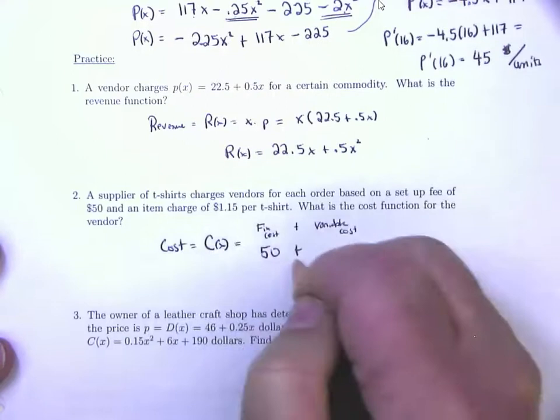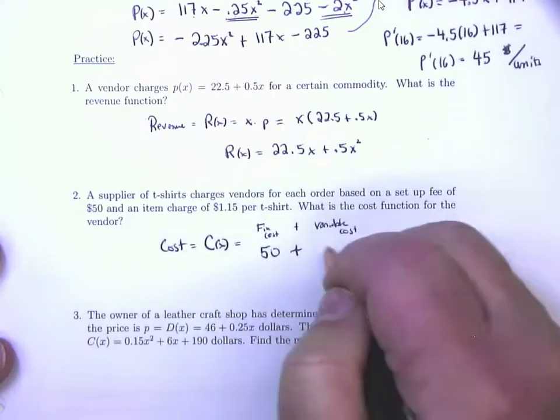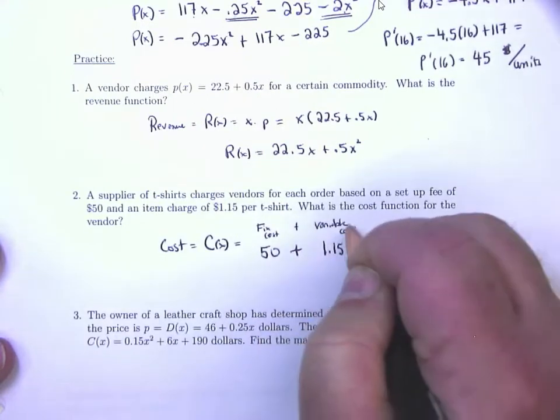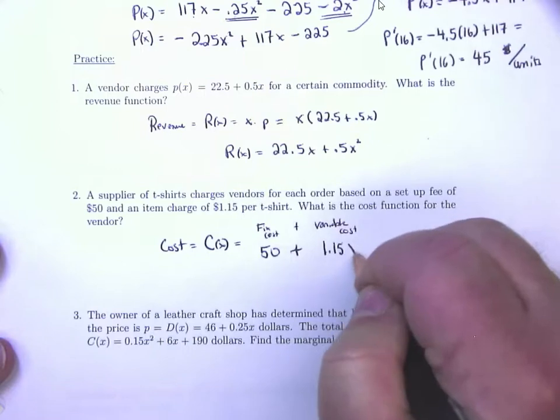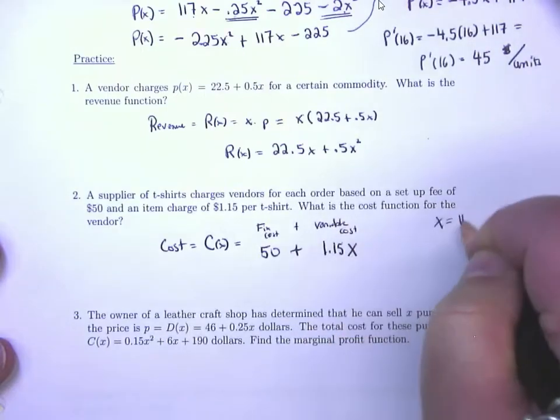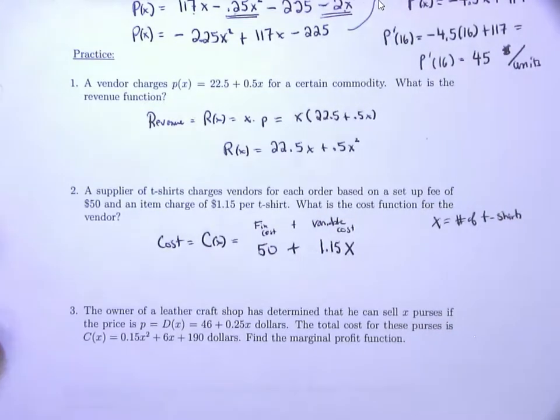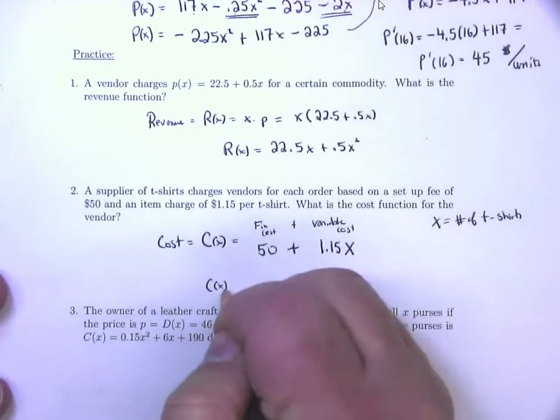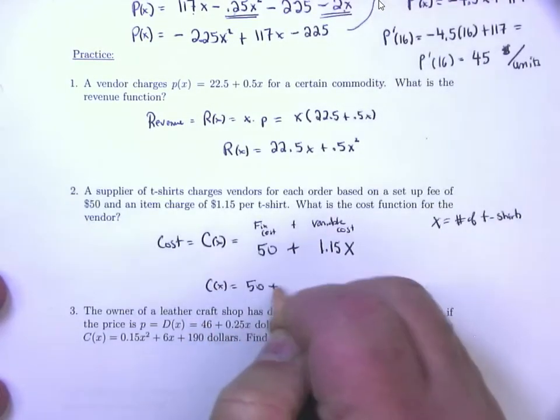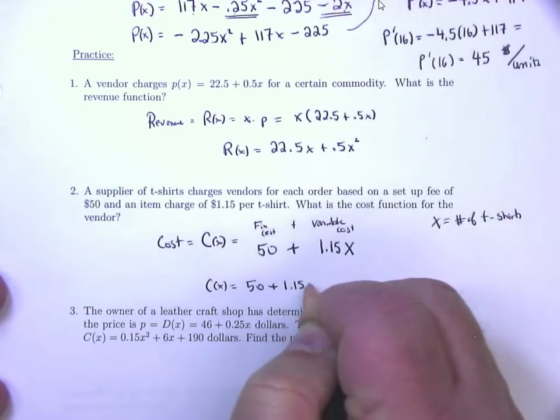Plus, what is my variable cost? My variable cost is $1.15 per T-shirt. So I've got to multiply by X, where X is the number of T-shirts. Does that make sense? So the answer to the question is C of X is equal to 50 plus 1.15x.